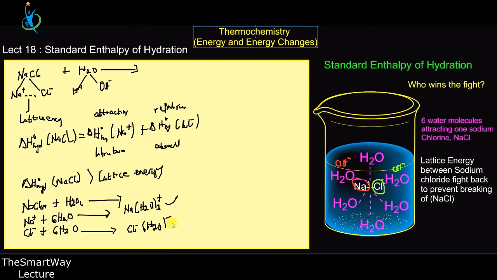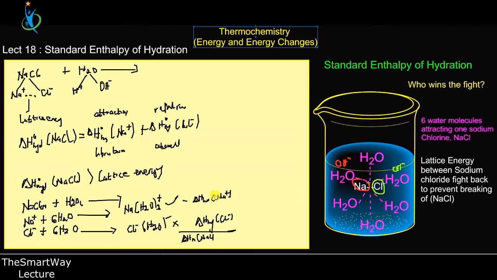But the sum of the enthalpy of hydration of the sodium plus, plus the enthalpy of hydration of the chlorine minus, the sum of the two energies, is what we call the enthalpy of hydration of the sodium chloride.